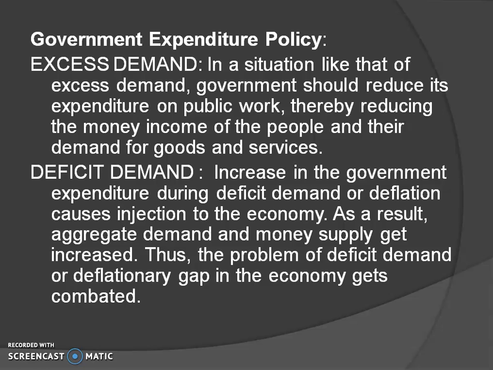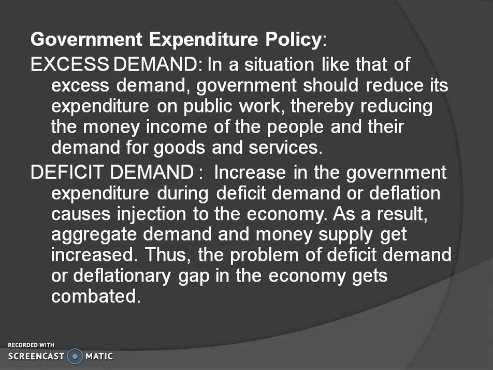Then an increase in government expenditure during deficit demand or deflation causes an injection to the economy. As a result, aggregate demand and money supply get increased. Thus, the problem of deficit demand or deflationary gap in the economy gets corrected.